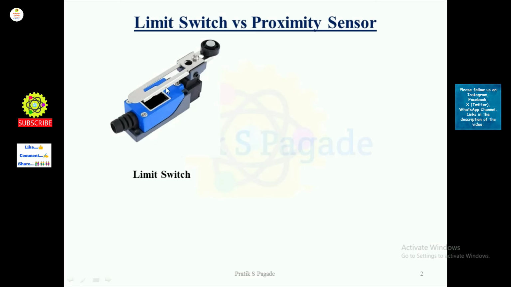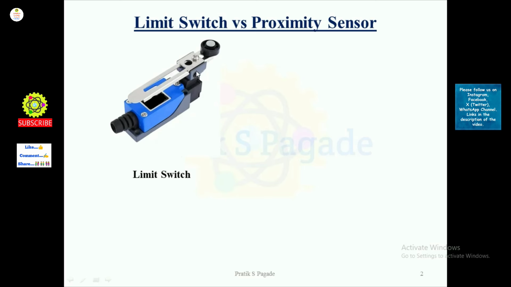We can adjust the sensing range of a limit switch with the upward or downward movement of this lever by unscrewing this screw, as you can see here. By adjusting this lever position, we can adjust the sensing range of the limit switch.